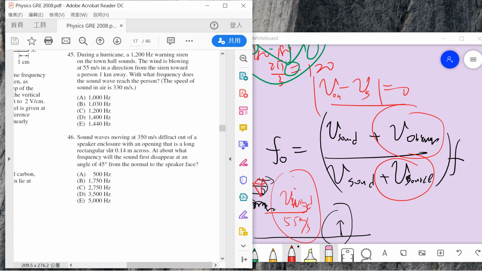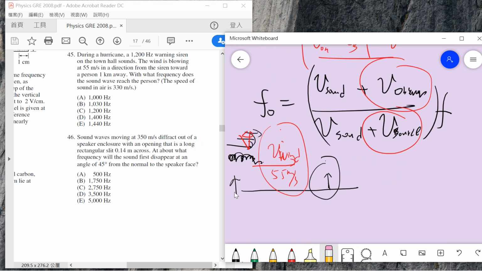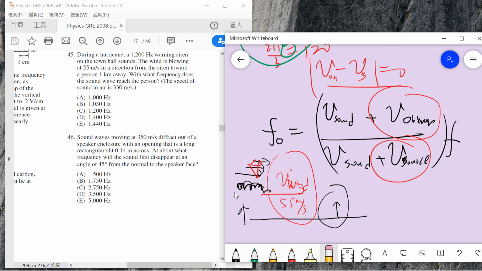Okay, 46. Each time you see diffraction and a long rectangle or something, you know it is basically asking about the very famous formula, d sin theta. Let me find a clear place.